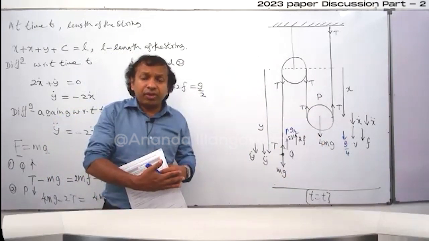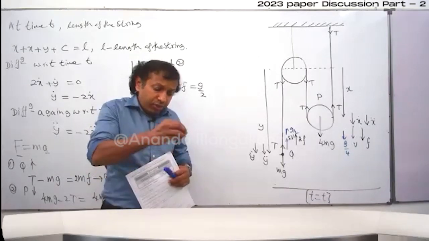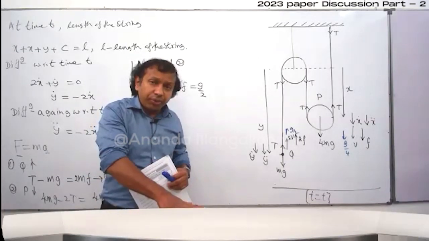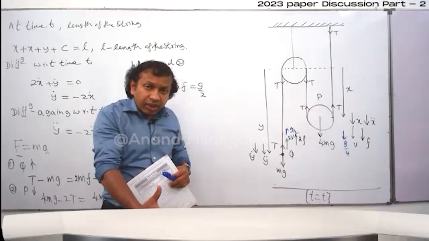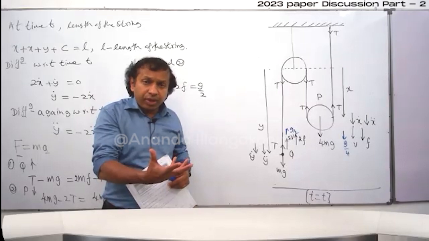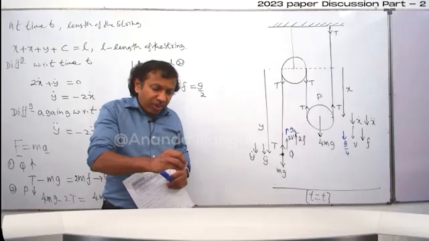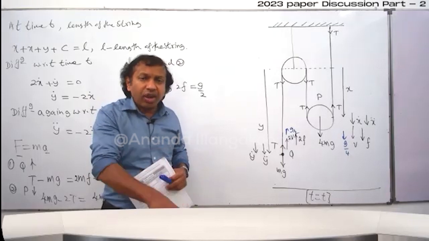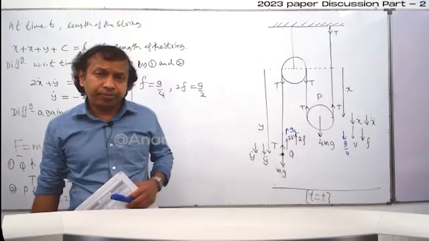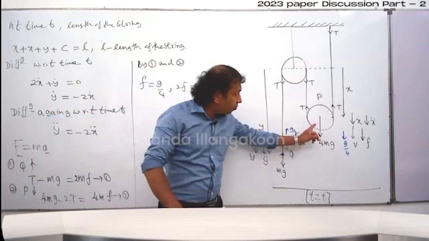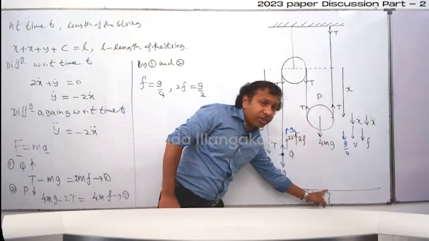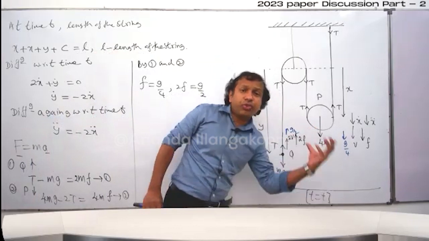Elastic means, when we drop something onto the ground, the particle rebounds. That is because of the elastic nature. Inelastic means once something comes to the ground or hits the ground, it does not rebound. So here also, this P hits the ground with a particular velocity, but it does not rebound.